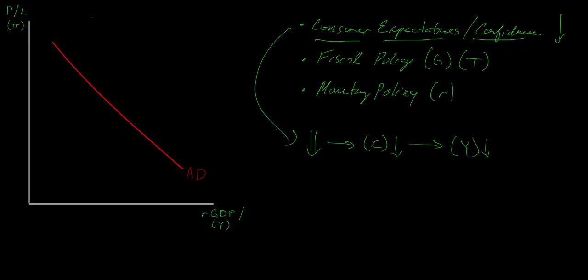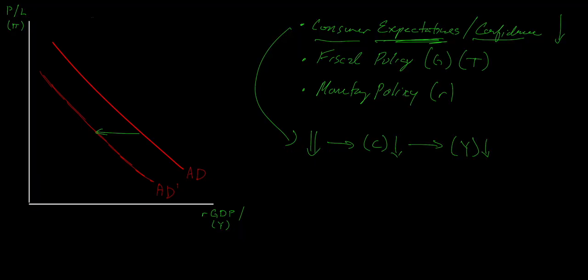So since this is not really a change in the price level, the demand curve in this scenario is going to shift over here. We'll call this AD prime. And this is what happens when we have a drop in consumer confidence, and especially expectations for future market performance or future economy performance.